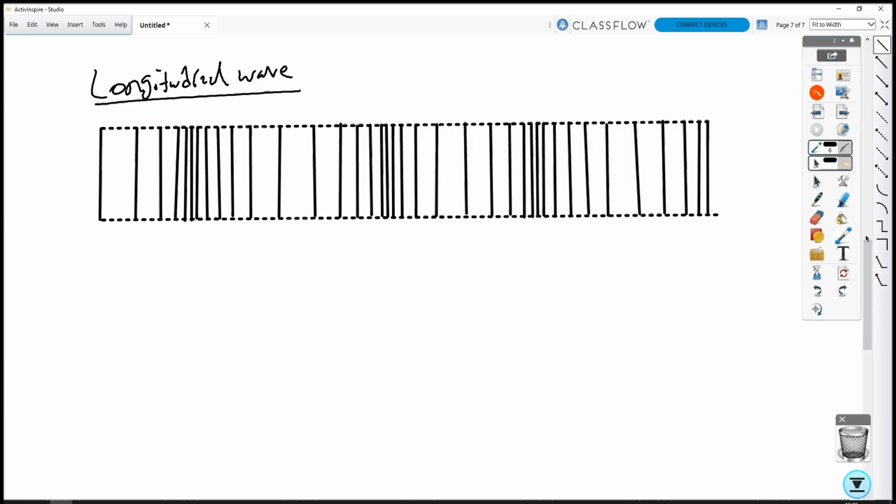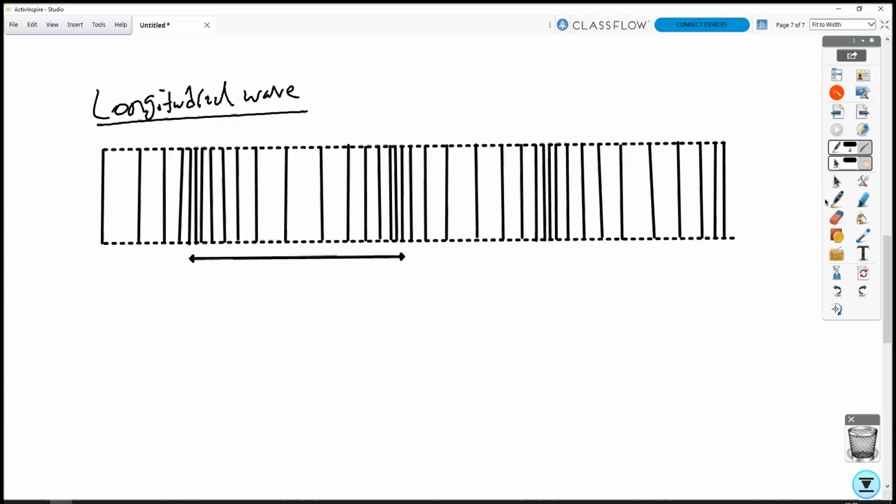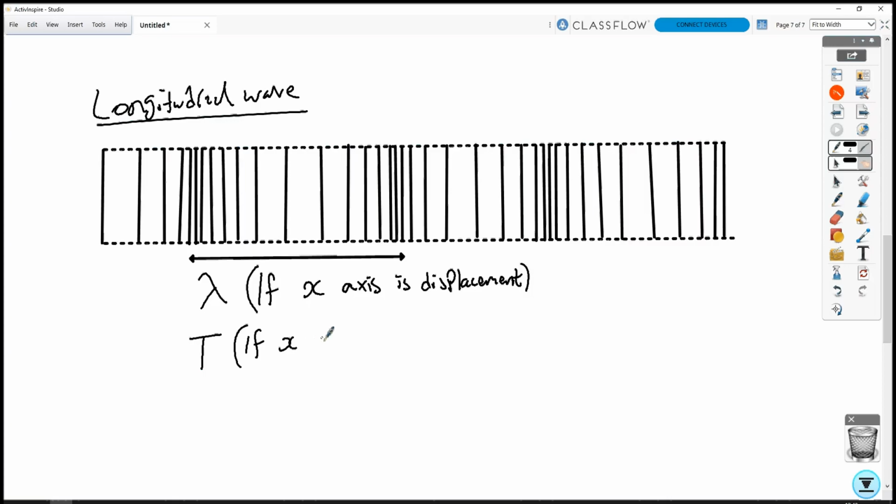Now, I want to label from the center of my compression to the center of my next compression. This would be my wavelength if my horizontal axis is displacement, and it would be the time period if the x-axis was time.